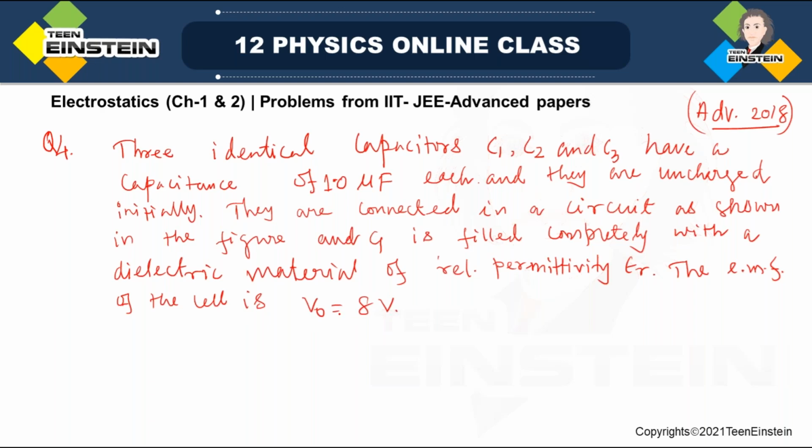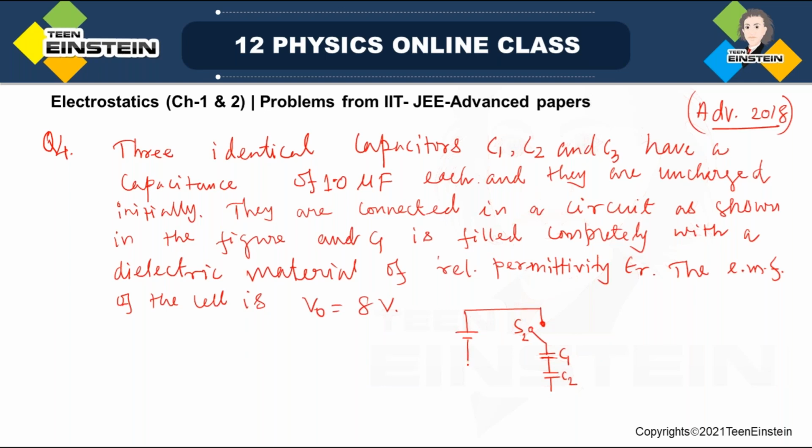Let me draw the figure now. This is the battery, then it goes like this. Here there is a switch, and there are two capacitors C1 and C2 in this branch, and this switch is named S2.